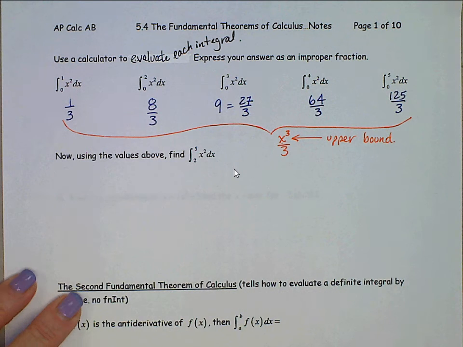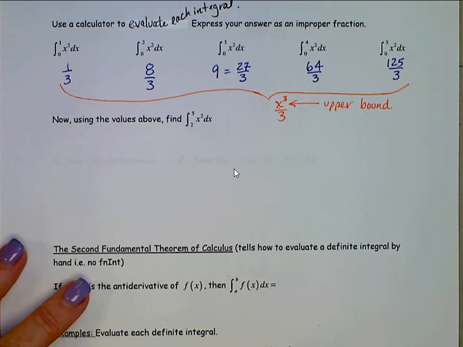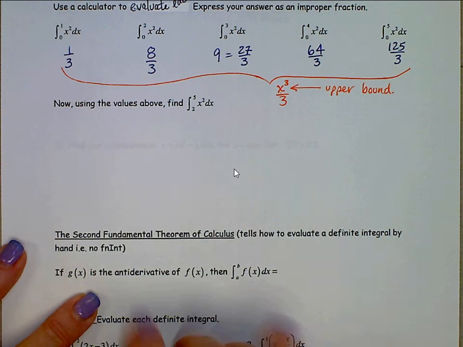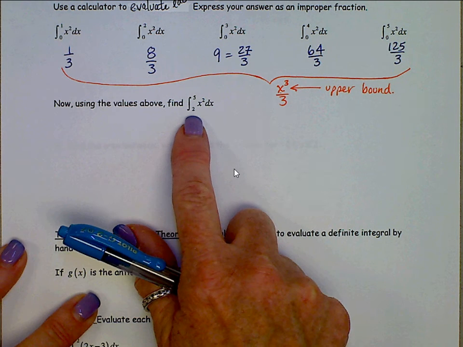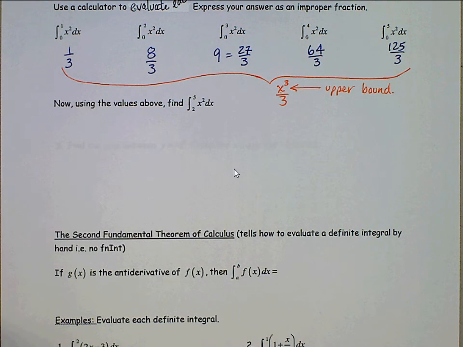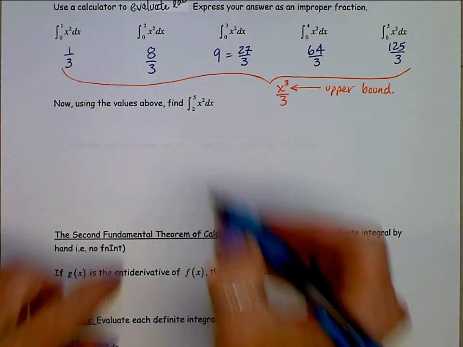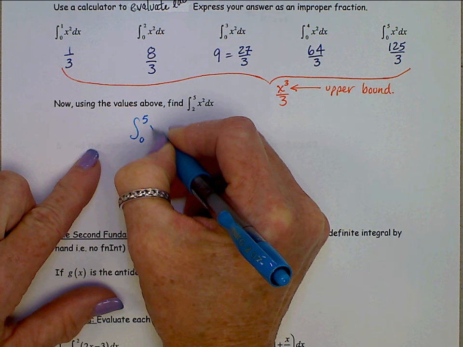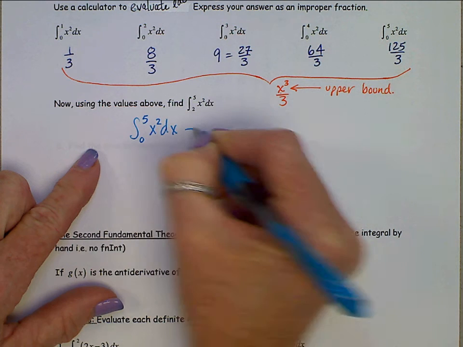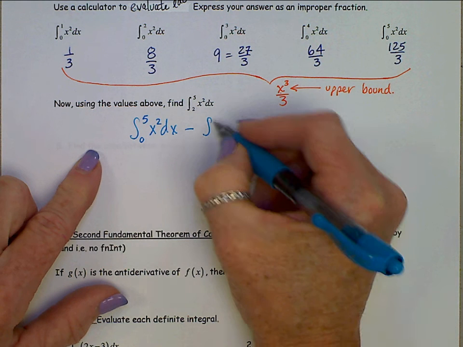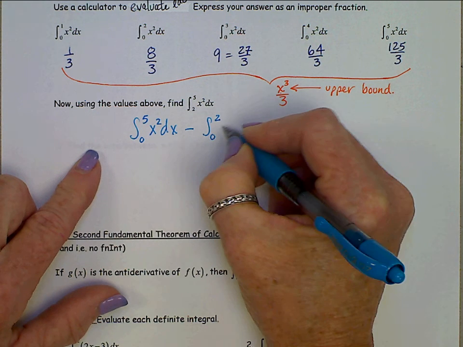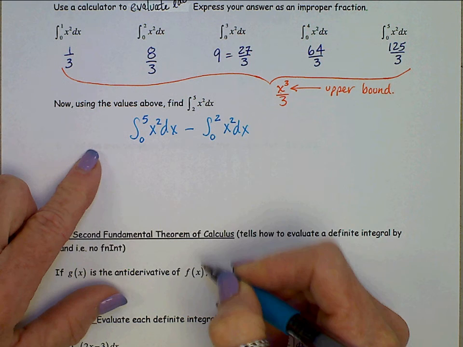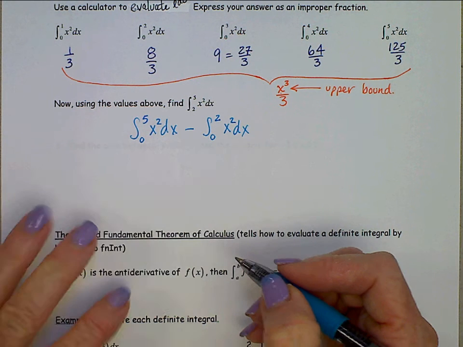All right, now using these values, not your calculator, please find the value of the integral from 2 to 5 of x squared dx. And we notice that we can find the integral from 0 to 5 of x squared dx and subtract off the integral from 0 to 2 of x squared dx to get the integral from 2 to 5.